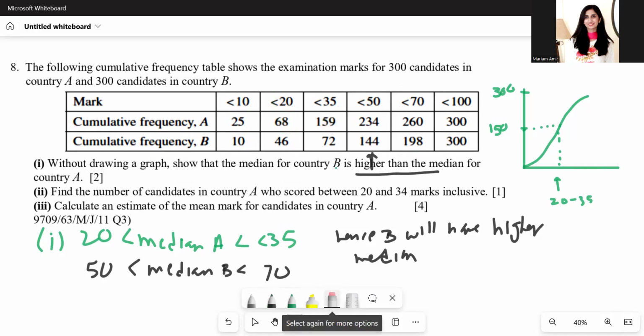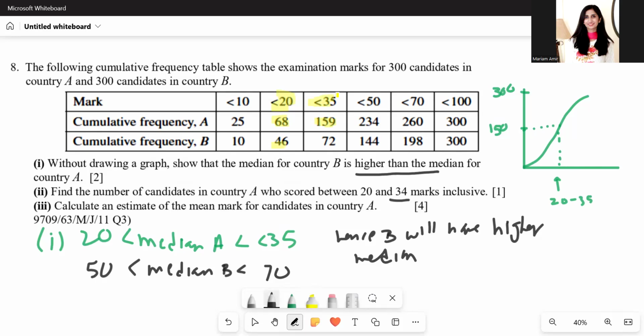They're only talking about country A. We're talking about cumulative frequency A. So there are 68 such pupils who score less than 20 marks, and then 159 pupils who score less than 35 marks.